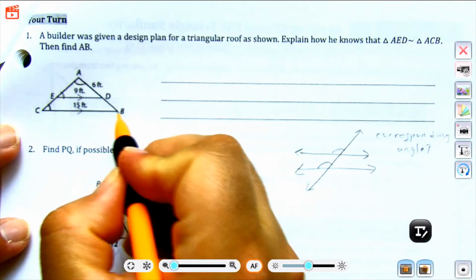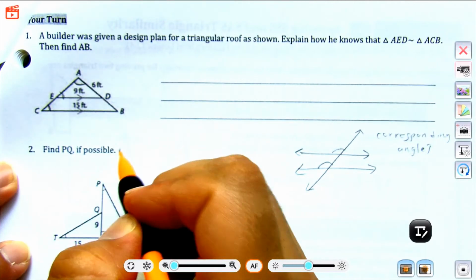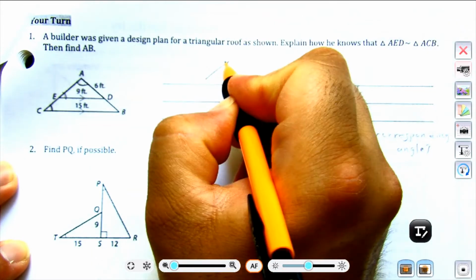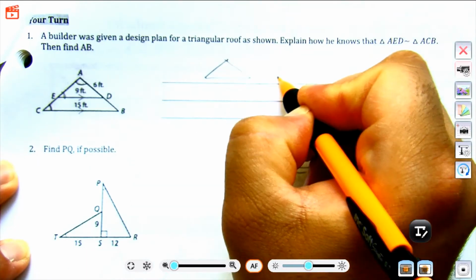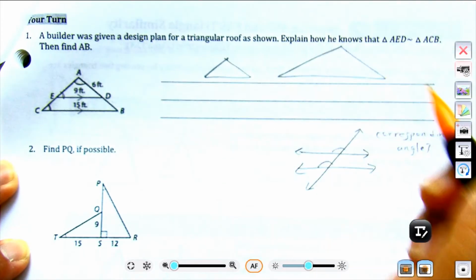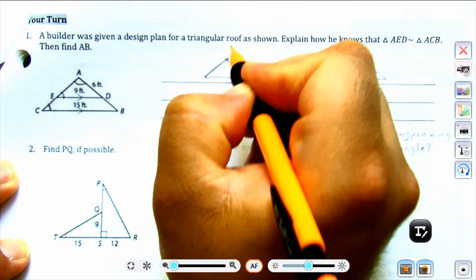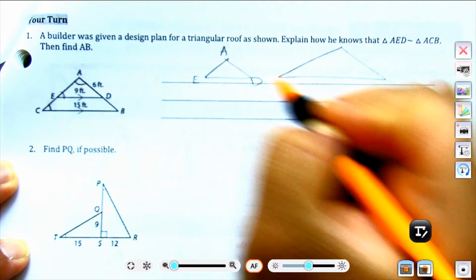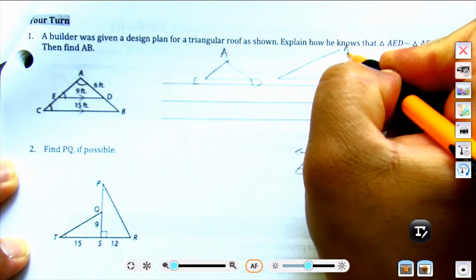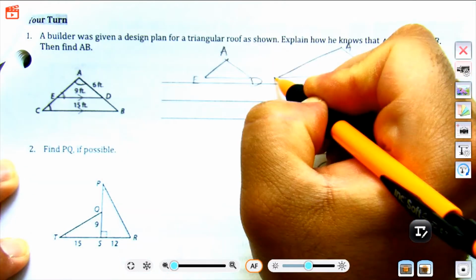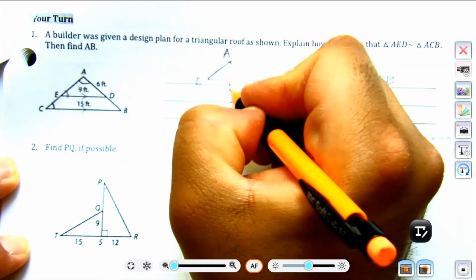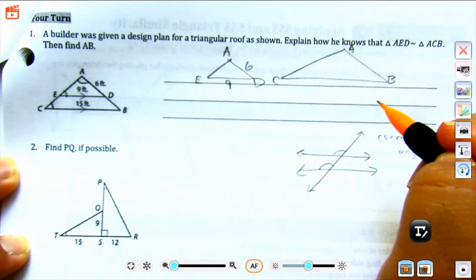So let me draw the small triangle, and then we draw the big triangle. So the small triangle is A, E, D, and then A, B, C. And labeling everything, I have 9, 6, this is 15.